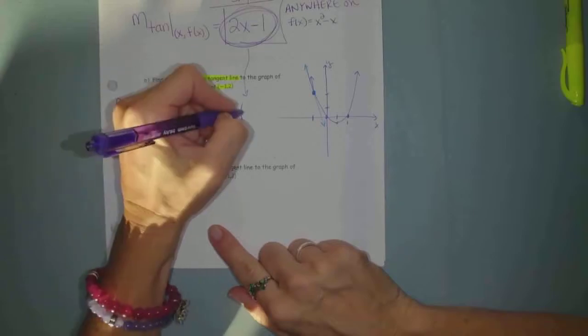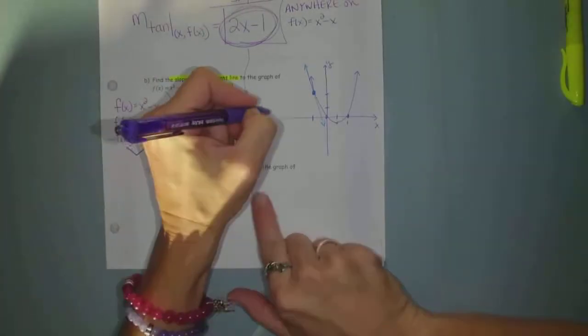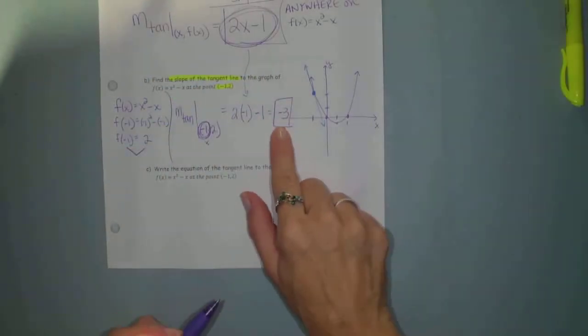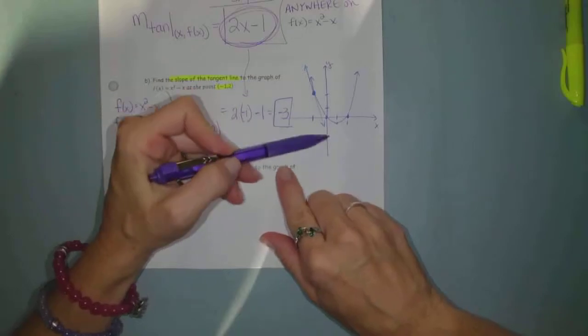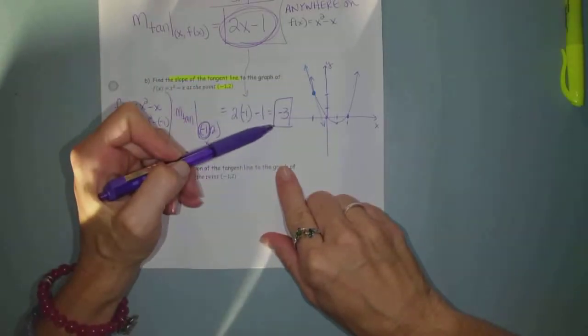So 2 times negative 1 minus 1 equals negative 3. So that's a good sign. We got a negative 3 slope, and this looks like it could be approximately a slope of negative 3.